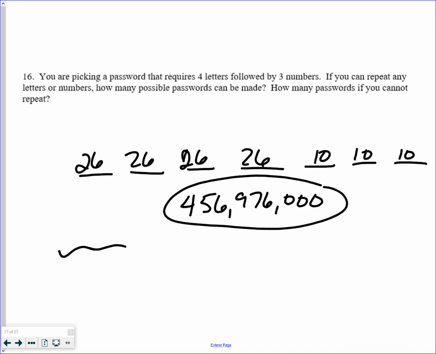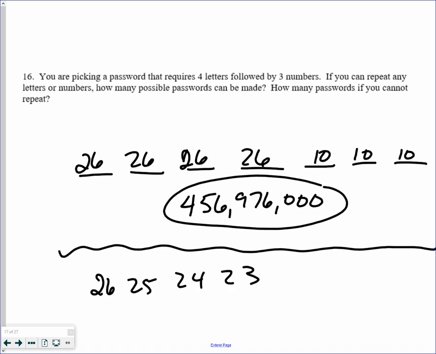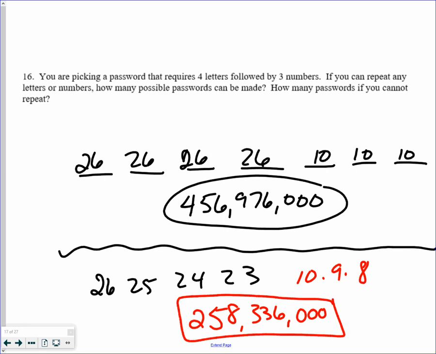Now, if I can't repeat anything, now it's 26, 25, 24, 23, because I can't repeat a letter, and then 10 times 9 times 8. So there's a significant amount less possibilities if I cannot repeat any of them.